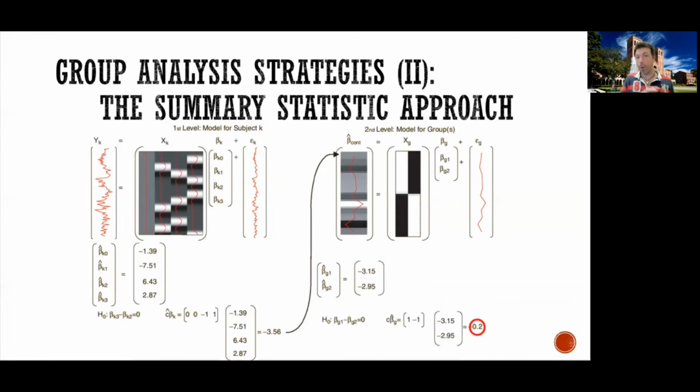So instead of doing one giant analysis, for every single run we do a first level analysis, and then we just take the results and aggregate those in a group level GLM. That's why we call this the summary statistic approach, because we run the first level, then we take a summary statistic, a summary result from the first level, and we carry that into the group level.